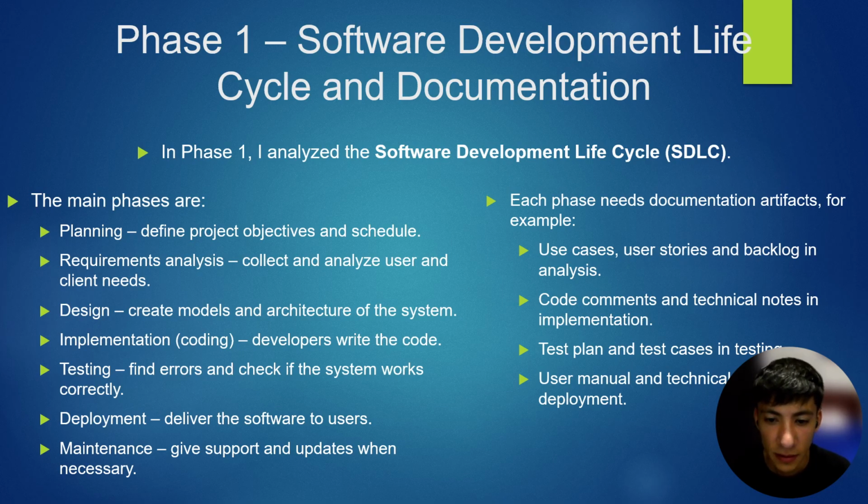Then design, where we create models and the architecture of the system. After that, implementation, where developers write the code, testing to find errors and bugs. We check if the system works correctly.